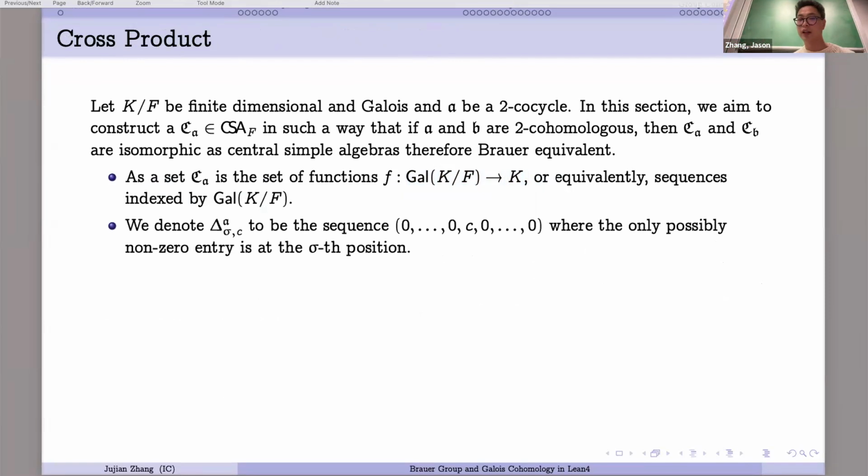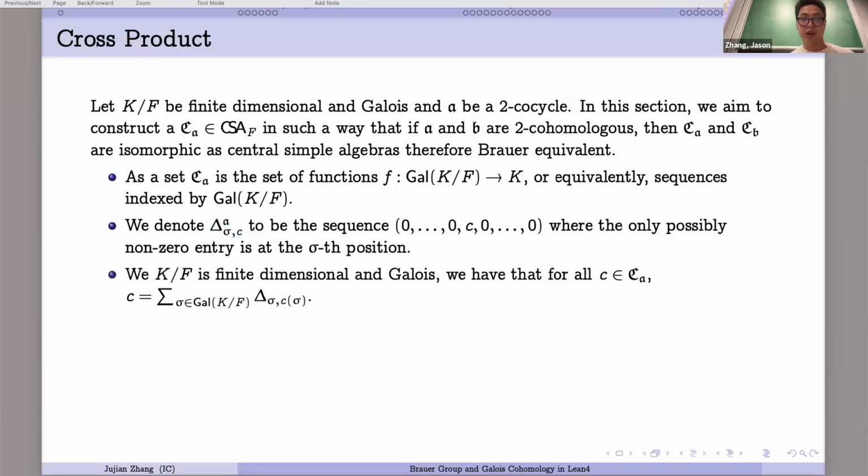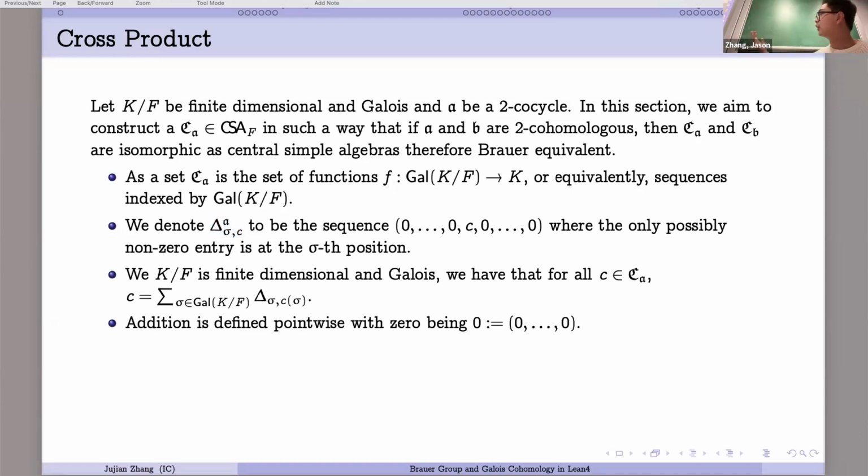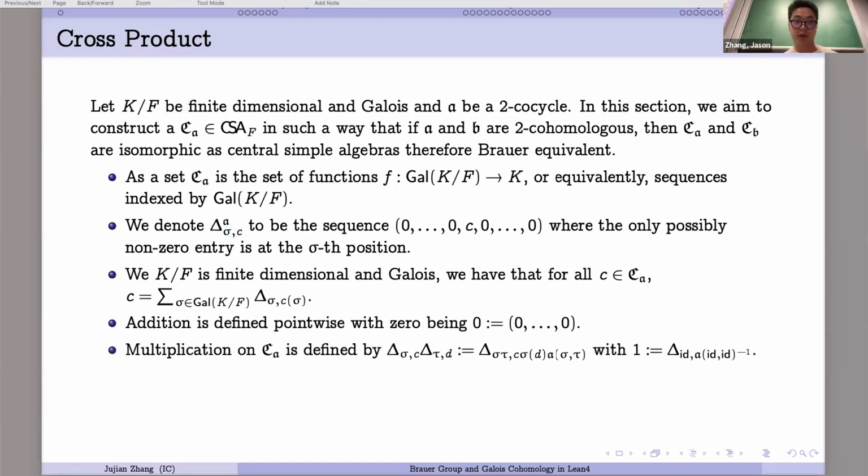Because the Galois group is finite, every element is just a sum of sequences that have only one non-zero term. Addition is defined pointwise, and zero is just the zero sequence.